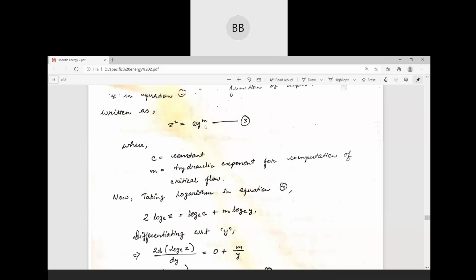Z square equal to C y to the power M. Then you need to find an expression for this M. Consider this as capital M.